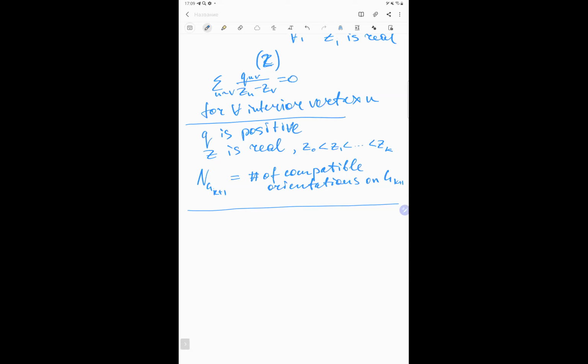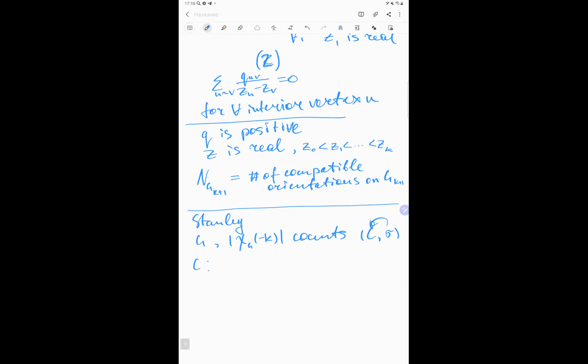About 50 years ago, Stanley showed that for a graph G, the number x j minus k, the absolute value of this, counts the pairs of colorings and orientation compatible to this coloring.